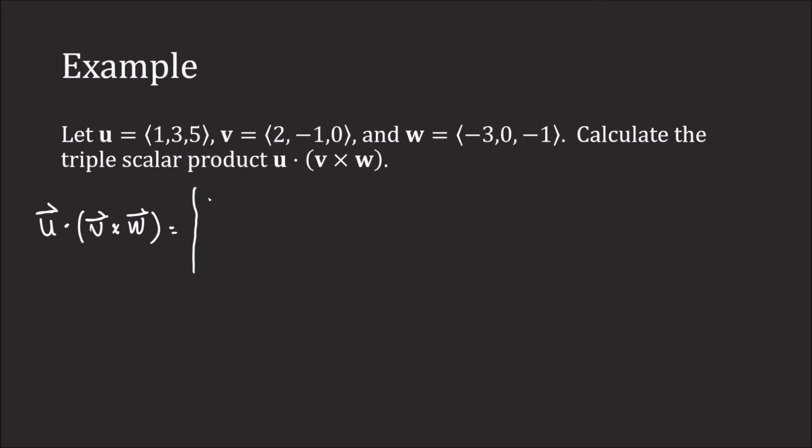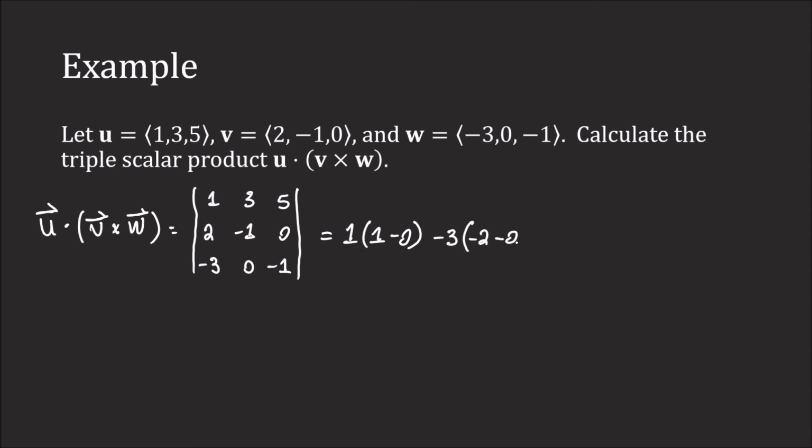So the first row is u, so it's 1, 3, 5. Second row is v, so 2, negative 1, 0. Third row is w, so negative 3, 0, negative 1. So we get 1 times 1 minus 0, minus 3 times negative 2 minus 0, plus 5 times 0 minus 3.